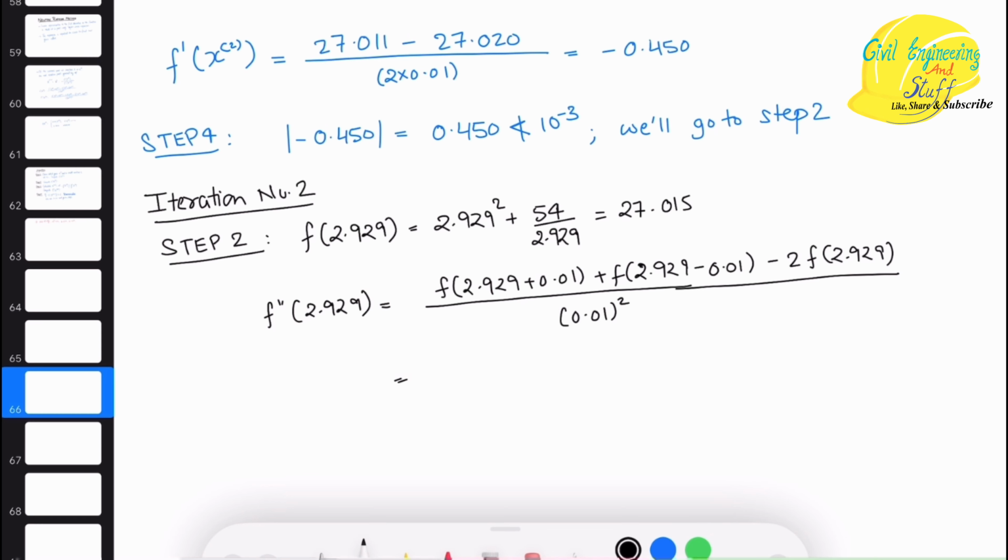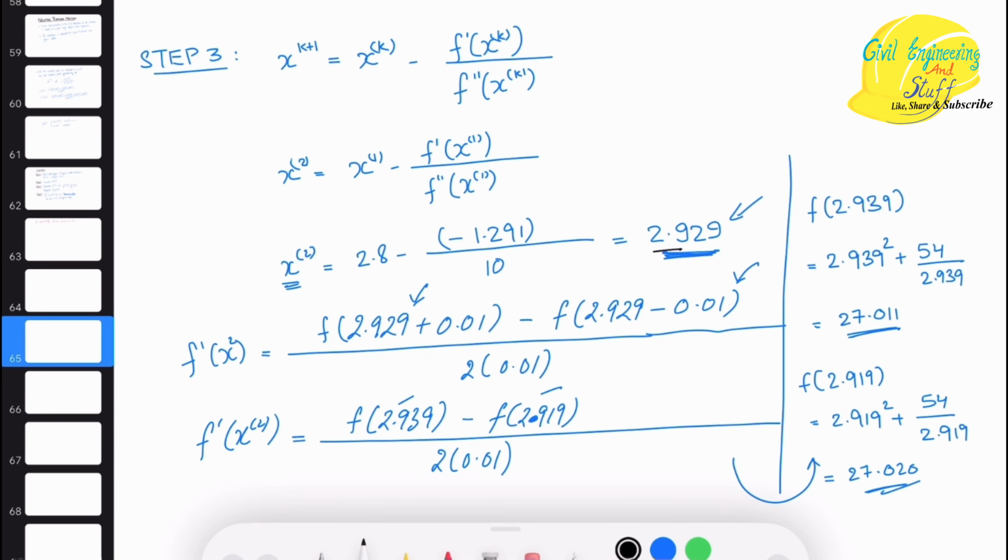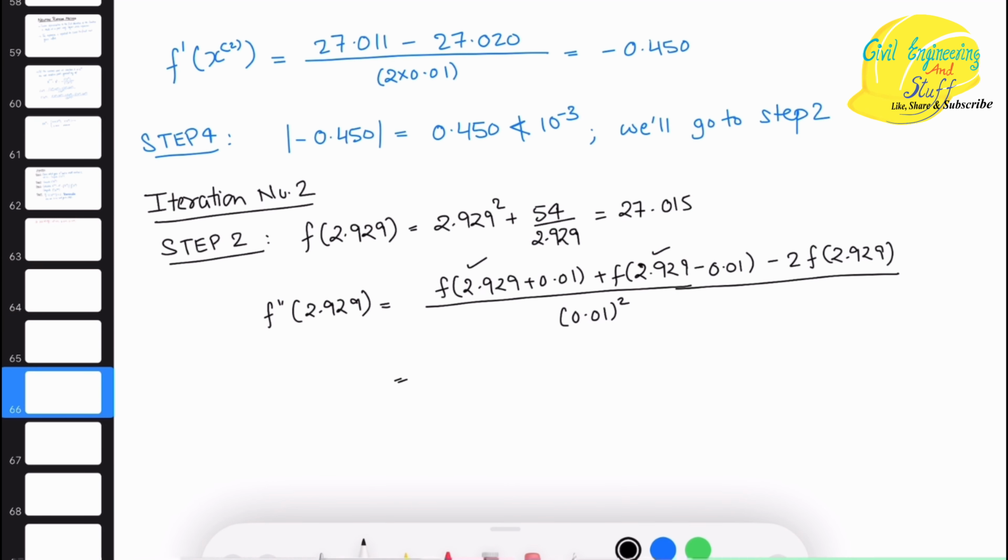Okay, we have already found out the value of this function value and this function value in the previous step, right? If you observe, we have already found out the values, so we'll just put the values from here, and we have already found out the value here of this, right? So we'll directly put the values.